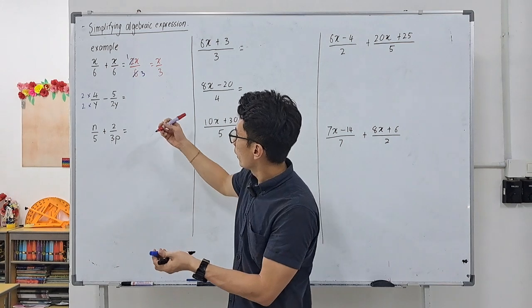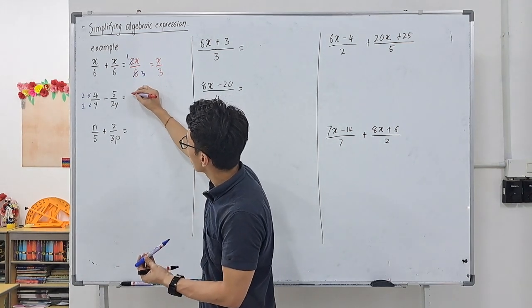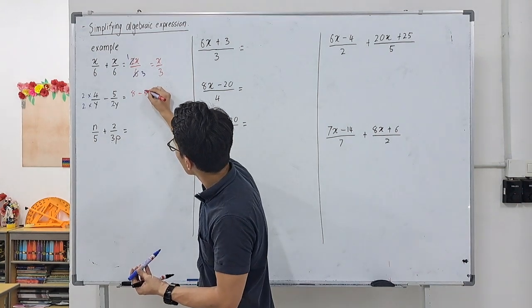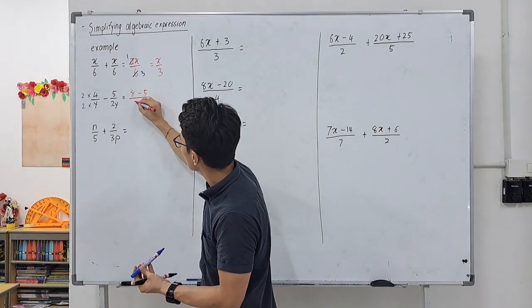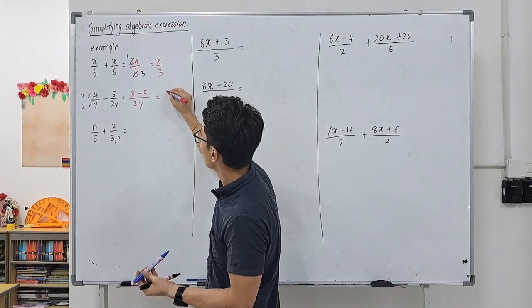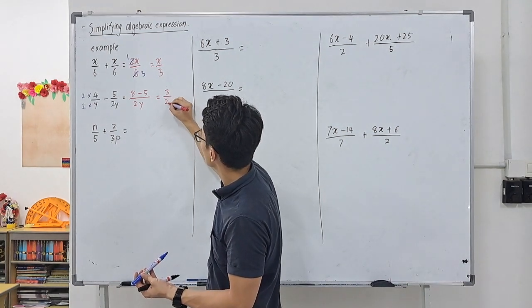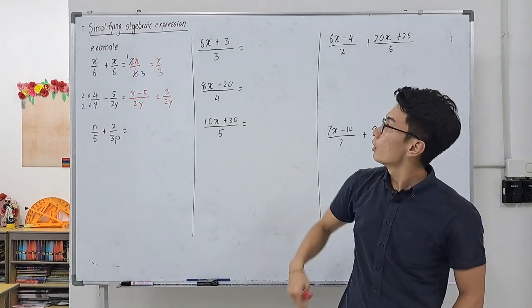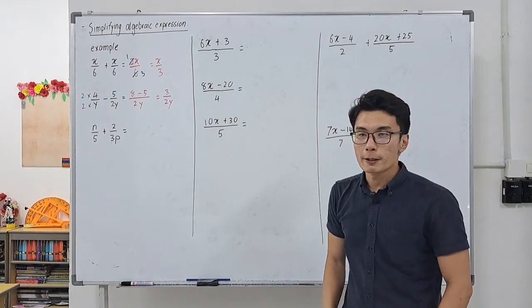So what do I get now? I will get 8 minus 5, and everything over 2y. So 8 minus 5 will give me 3 over 2y. Okay? I have simplified the algebraic fraction.